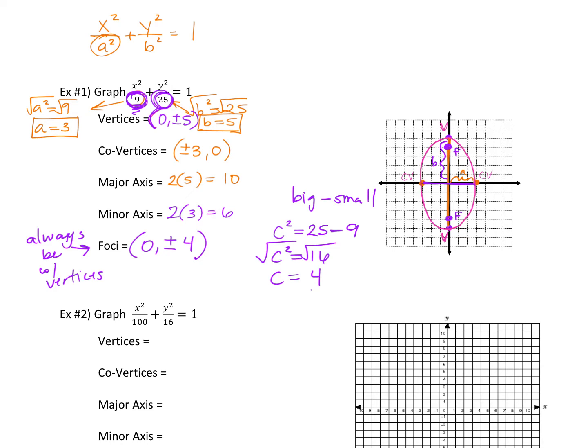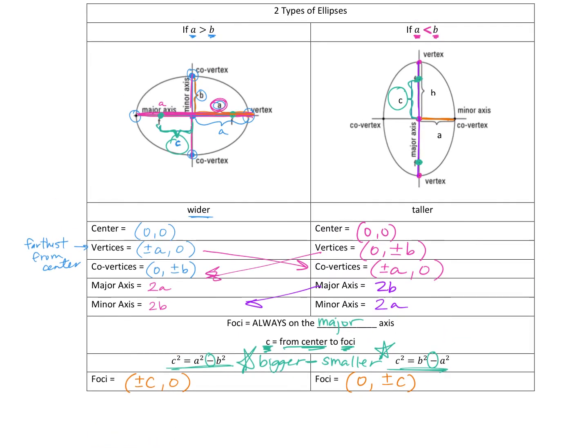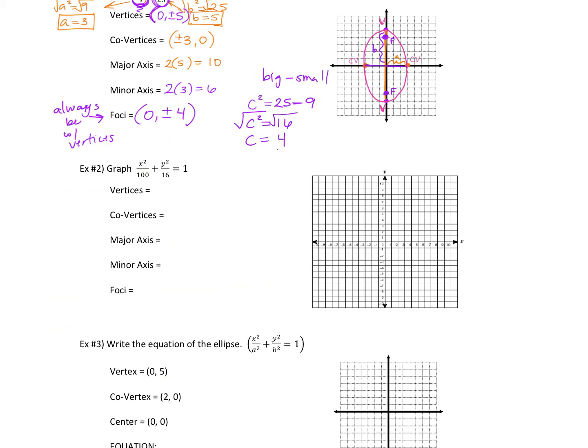It depends on the situation, right? So on this type, the one that's wider, then your major is 2A. But on this one, where it's taller, your major will be 2B. So major's the longer one, minor's the shorter one. Okay, we gotta keep moving.